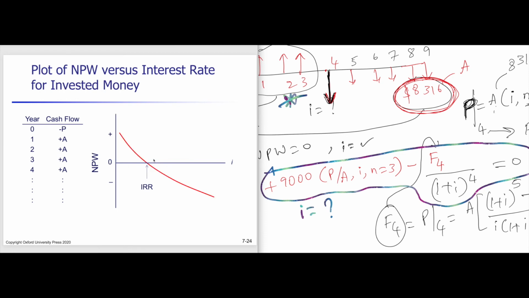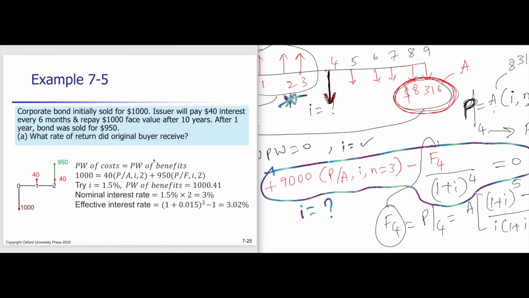The same slide, but different. Whether we are taking or whether we are investing, two different scenarios. So here, same situation. When you look at this cash flow, no matter what the problem describes, once we have this kind of cash flow, the 1000 here is P, present, and it's negative. 40 here and this 40 here, both are A, annual. 950 is the future.